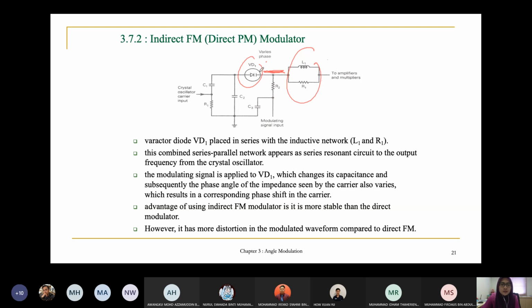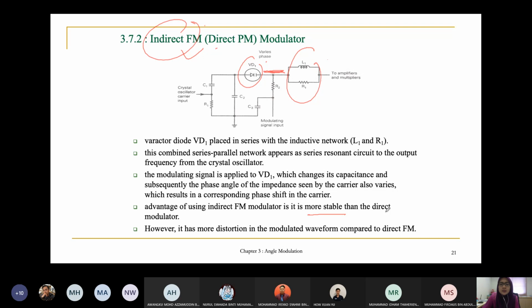This combined series-parallel network appears as a series resonance circuit to the output frequency from the crystal oscillator.